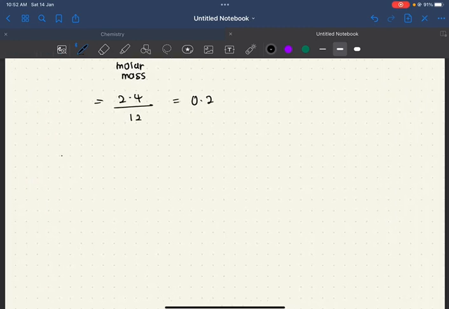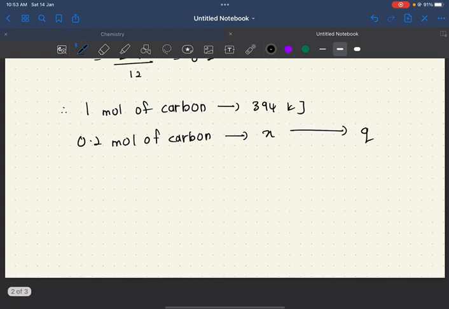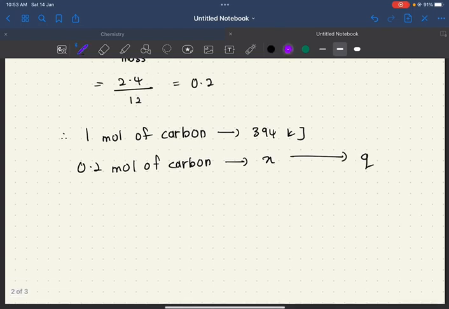With this, we know that for 1 mole of carbon, the heat released is 394 kilojoule, and for 0.2 mole of carbon, we need to know the heat released, which is the Q. And then we multiply this.